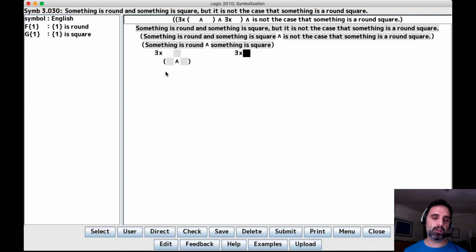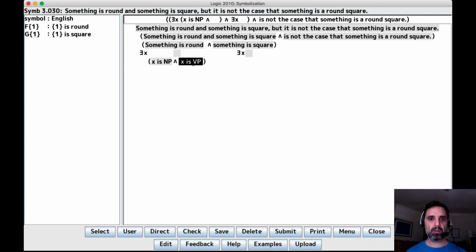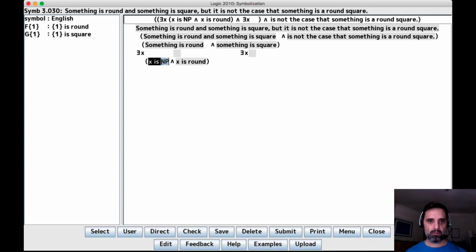Now normally when you insert an existential quantifier, that's what you want to use, because almost always you have a determiner phrase that has a noun phrase in it, and so you'd have x is NP and then x is VP. In this case, the verb phrase is round, and here the noun phrase would be x is a thing.